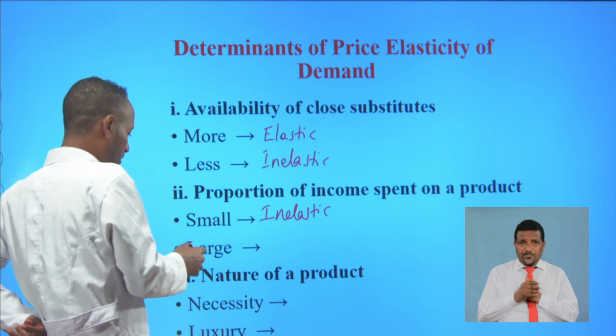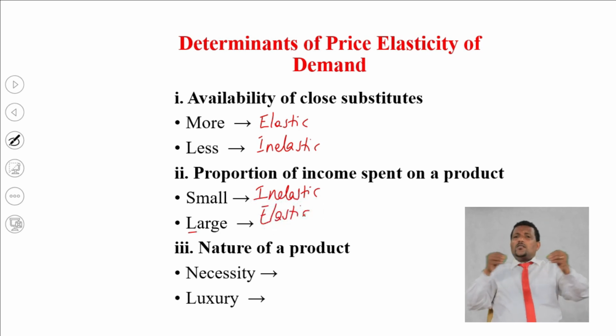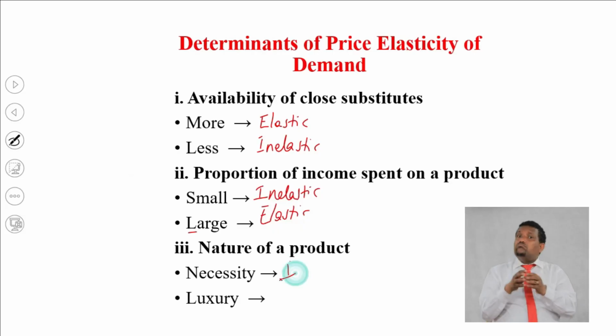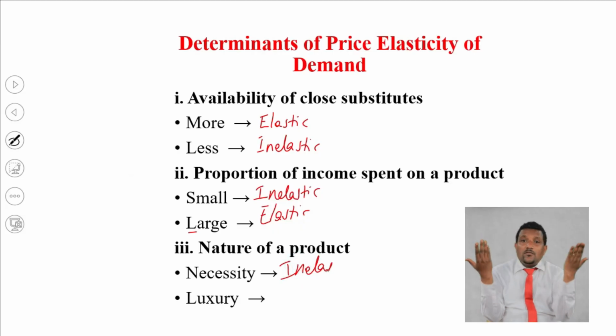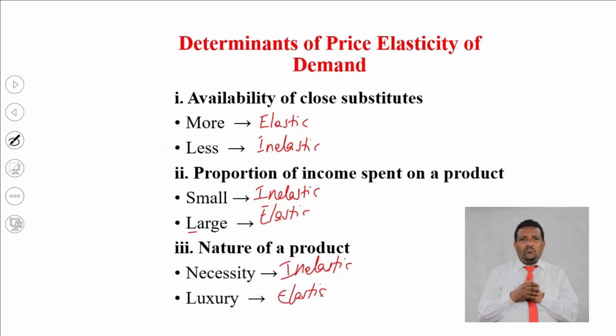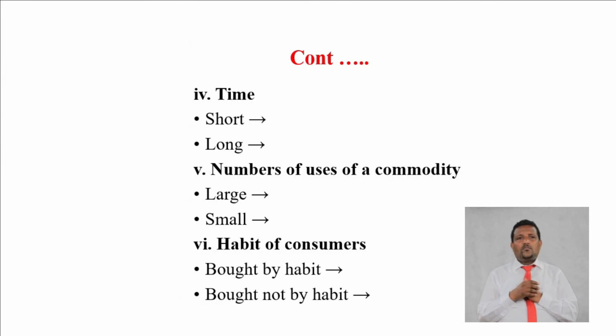But the larger the proportion of income spent on a commodity, the more elastic the demand for that commodity. The nature of a product is also another determinant. The demand for necessities is generally inelastic. For example, food. The demand for food is generally inelastic, but the demand for luxuries is generally elastic. That means we will be more sensitive to changes in the price of luxuries.